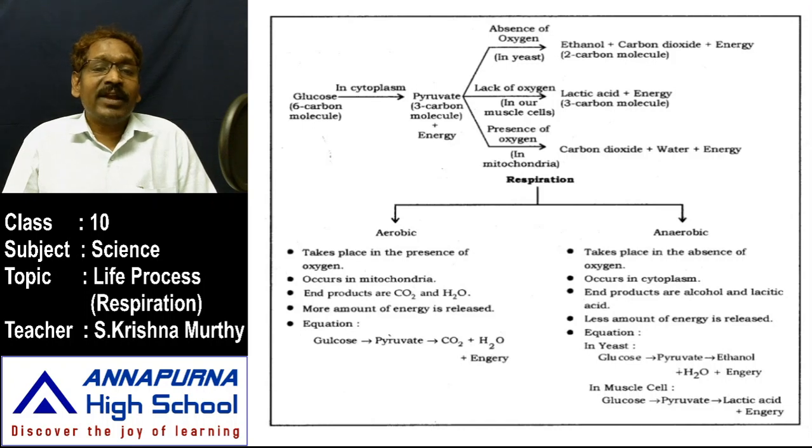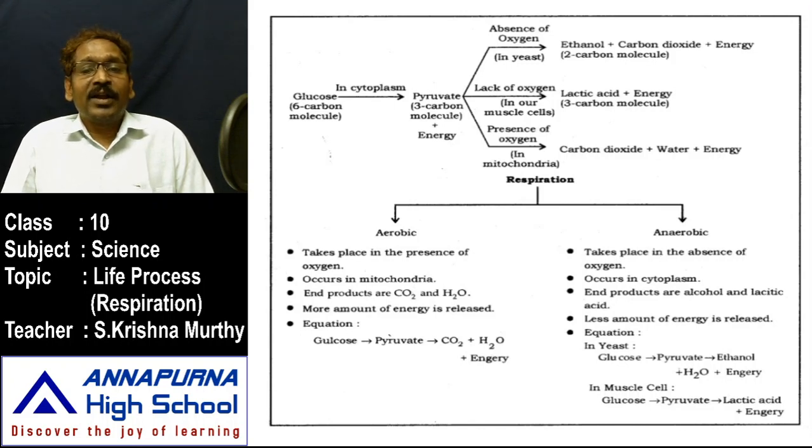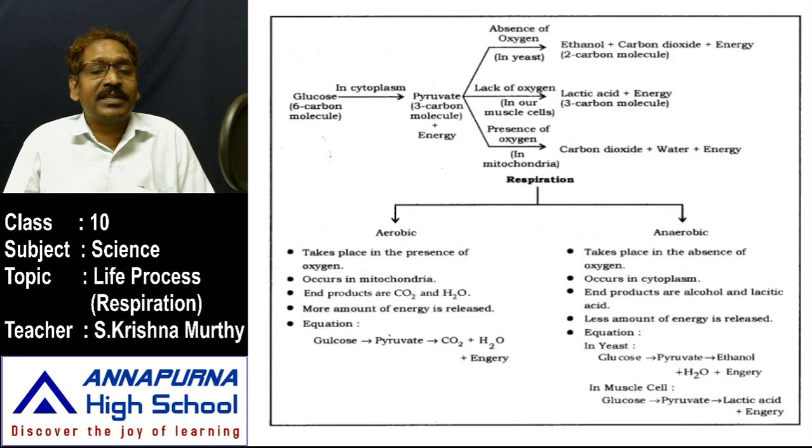Whenever the cell reacts according to the environmental conditions, in the absence of oxygen, it releases some amount of ethanol and carbon dioxide, and energy for the endothermic reactions. And here it is lack of oxygen, not absence: sometimes oxygen may be present, and sometimes the required amount of oxygen may not be supplied.